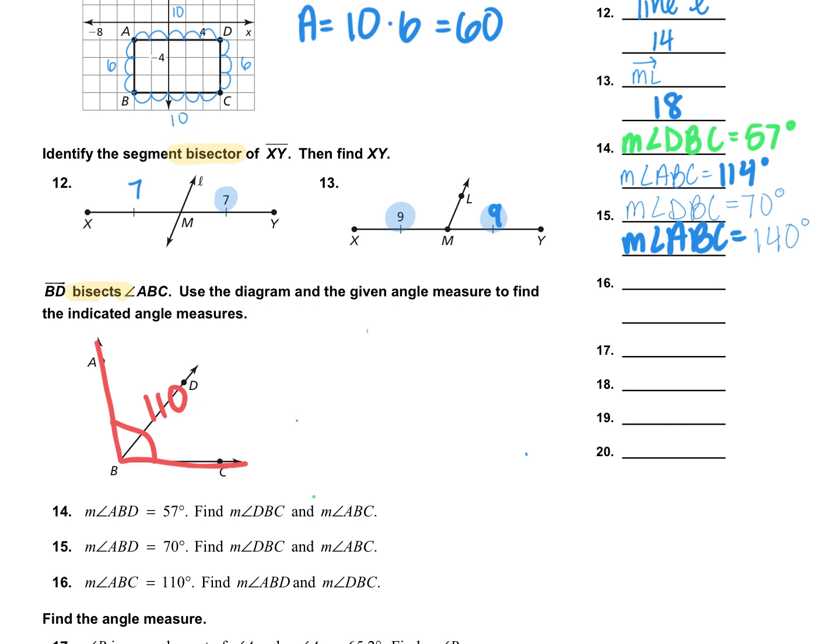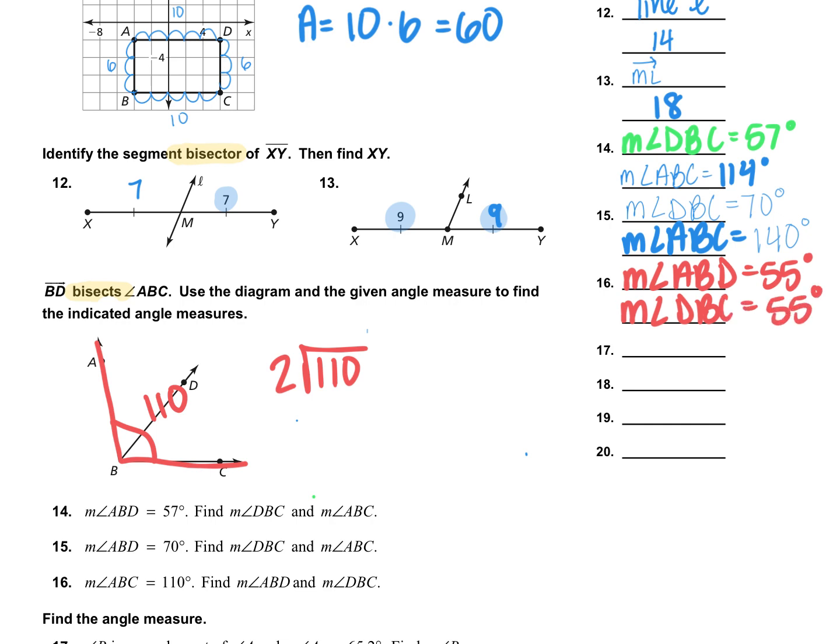So how would I figure out the measurement of the two angles, William? You divide 110 by 2. Good, dividing it by 2. And what would I get for both angles? 55 degrees. Good, the measurement of angle ABD is 55 degrees. And the measurement of angle DBC is also 55 degrees.